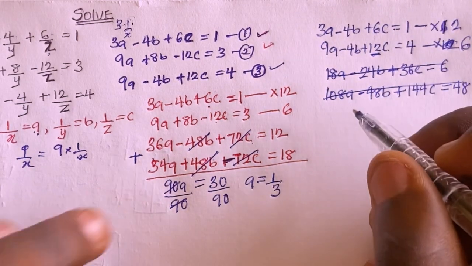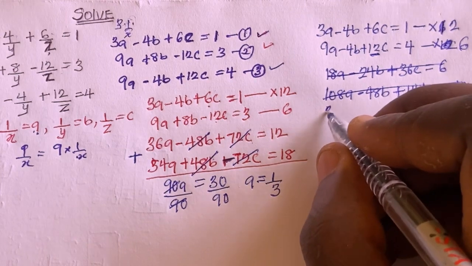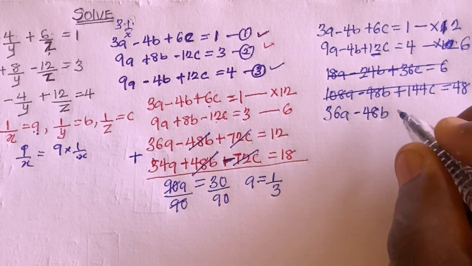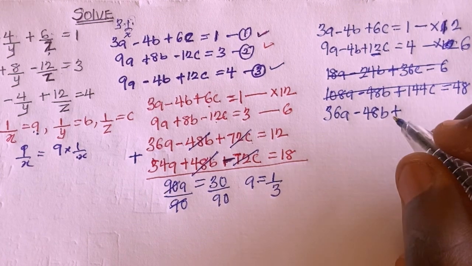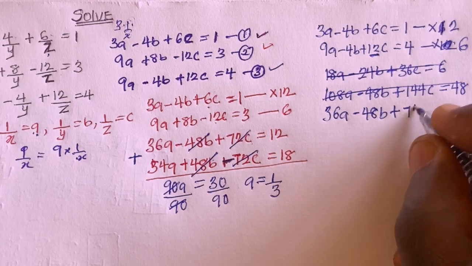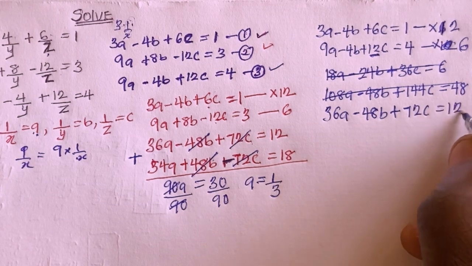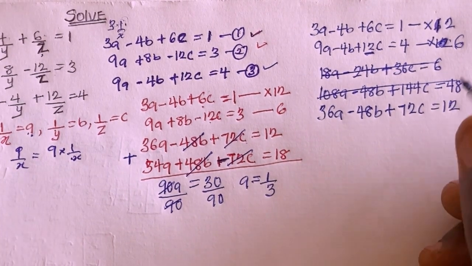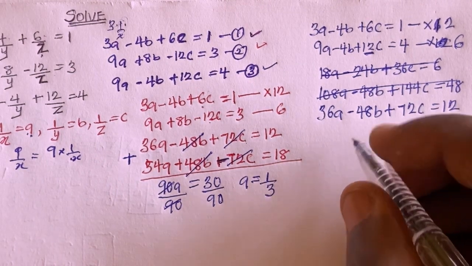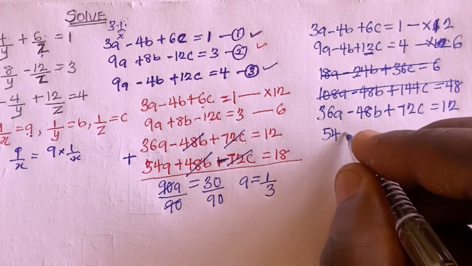So here I'm going to have 3 multiplied by 12, that's actually 36A, right? Then minus 48B, right? Then plus 6 multiplied by 12, that's 72C equals 12. That's the first one. Then the second one is 6 multiplied by 9, that's 54A, right?